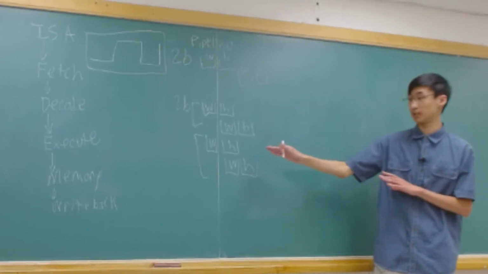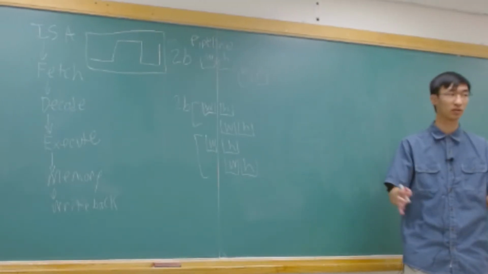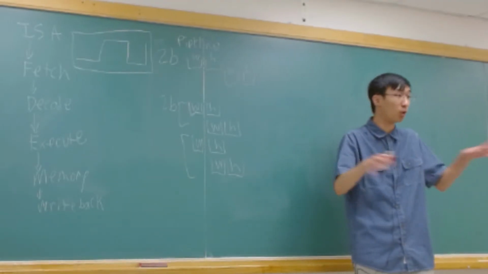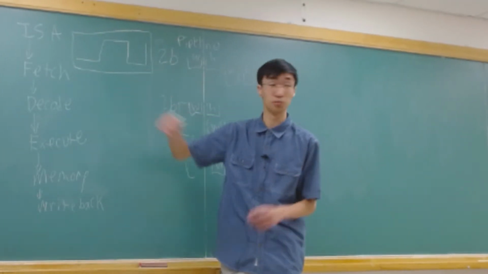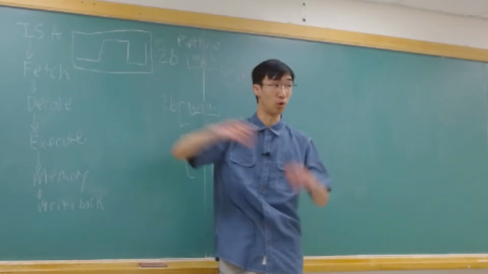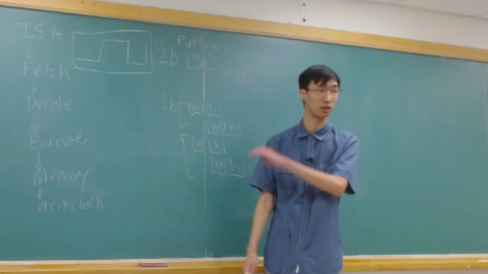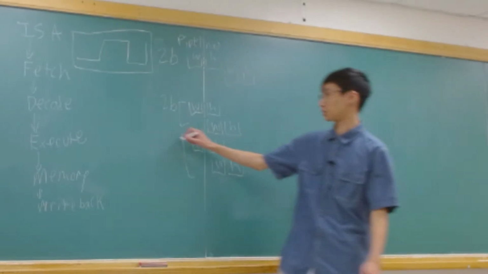And so this idea here is what we call Superscalar. Superscalar is when you basically just copy paste the same thing, or have more things that you can do at the same time. And so a lot of these things will do multiple things. Fetch will fetch multiple instructions at the same time. Decode will do multiple, and so on, right? We'll do a lot of things at the same time. And so let's just annotate that.